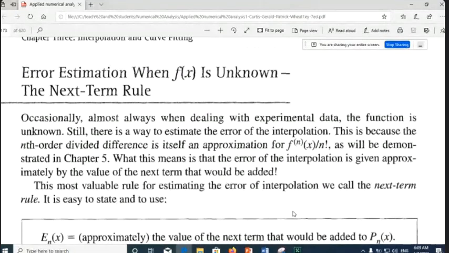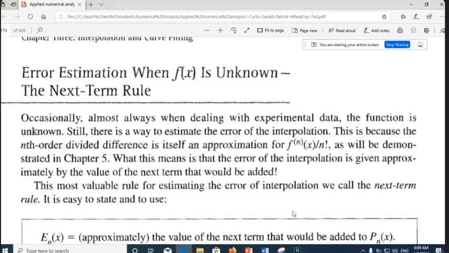In most cases of interpolation, the function f is unknown. Very seldom can we interpolate a known function.